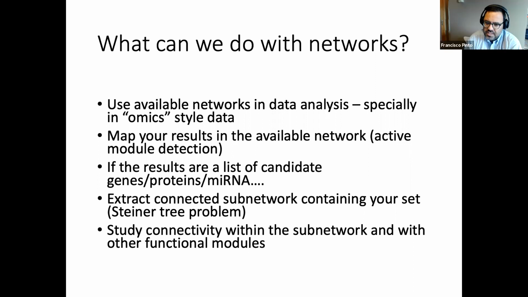So the idea is that you can use these measurements in networks to better analyze and extract knowledge from results from omics-style experiments, like transcriptomics, proteomics, and in those experiments you quantify in parallel a large set of proteins in your sample, or the gene expression of virtually all the genes in your system, and so you have numbers that you can attribute to the nodes in the network.